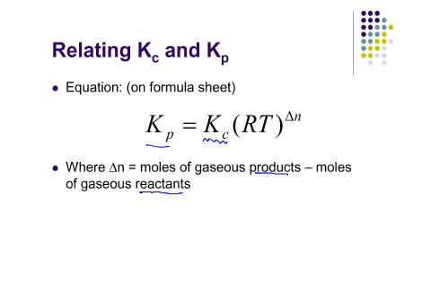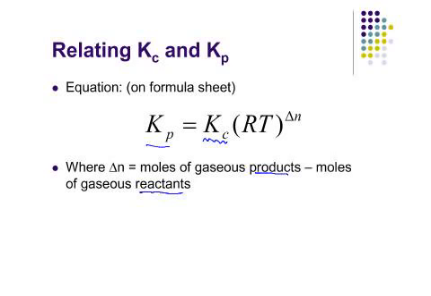Yes, because only the gases would affect the KEQ. So if you're working with gas pressures, you can call it Kp. And if you've turned it into molarities, you're really working with a Kc. Depending on the equation, though, if you have different numbers of moles of gas on the reactant side versus the product side, you're going to get different numbers if you're working with pressures versus concentrations. And so that's what we need to look at here.